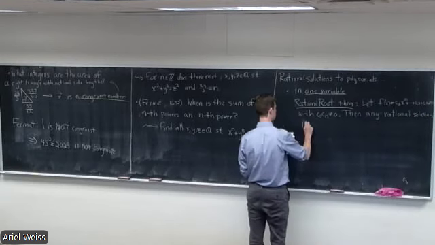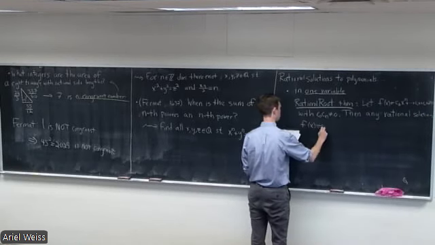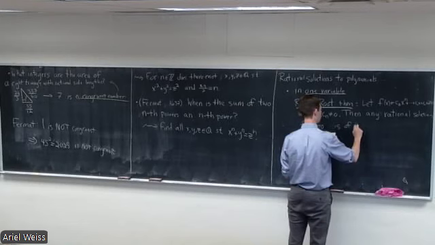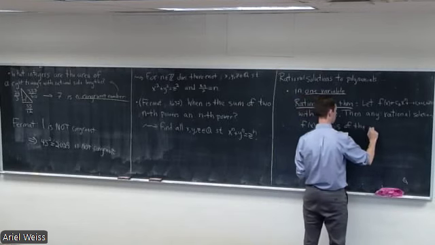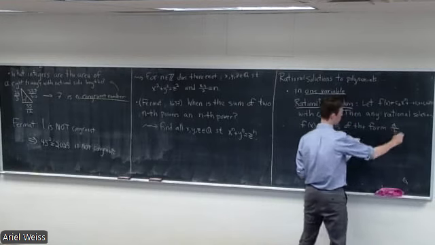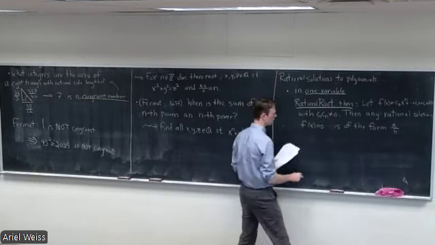Any rational solution to f of x equals 0 is of the form a over b, where you write this in lowest terms, of course.